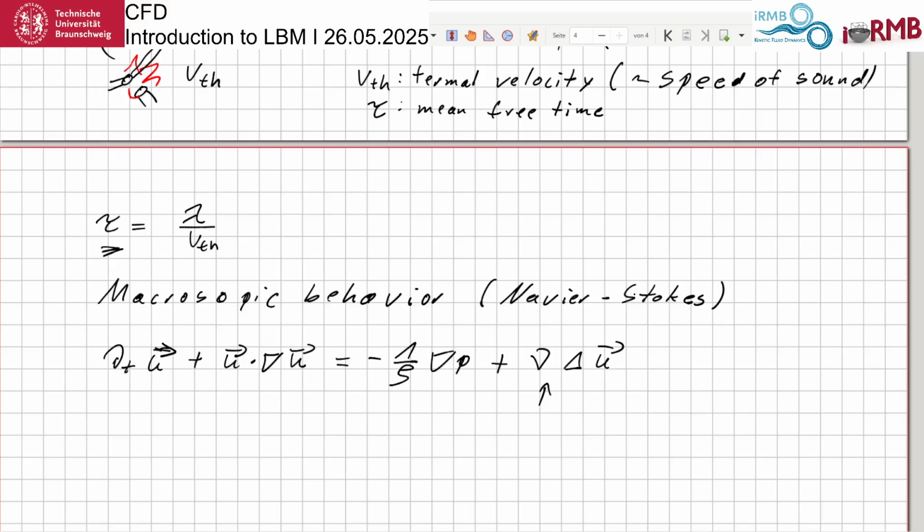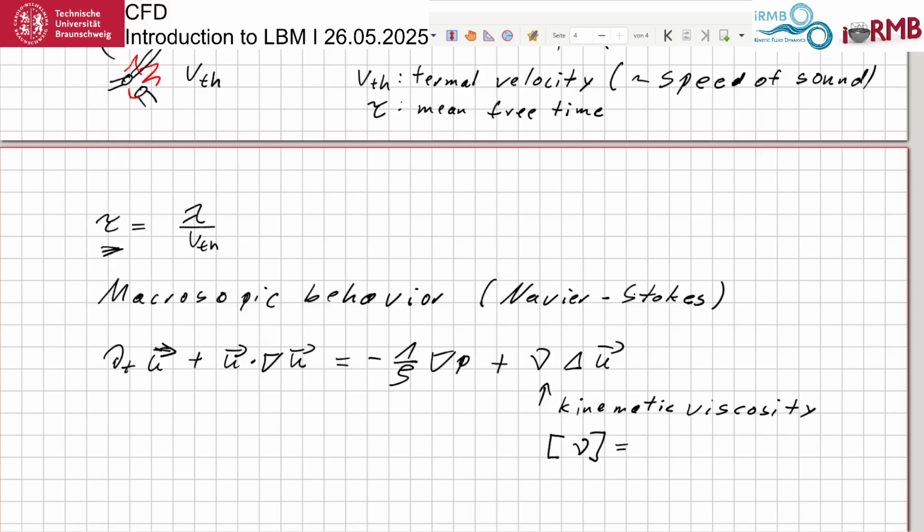So this here, you may know the dynamic viscosity. This is the kinematic viscosity. So physicists like this more because it's a proper diffusion coefficient.